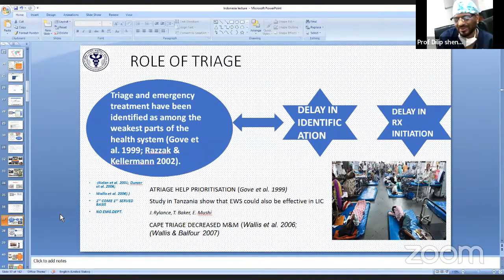That leads to delay in identification, which leads to delay in initiation of treatment, and that sometimes leads to bad outcomes. So triage is very important.